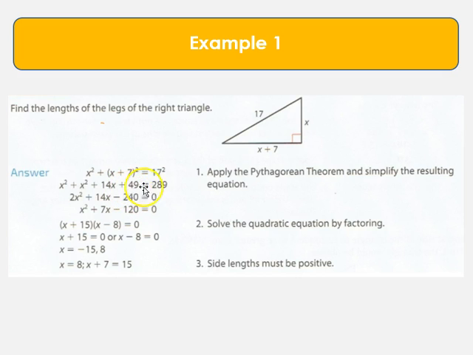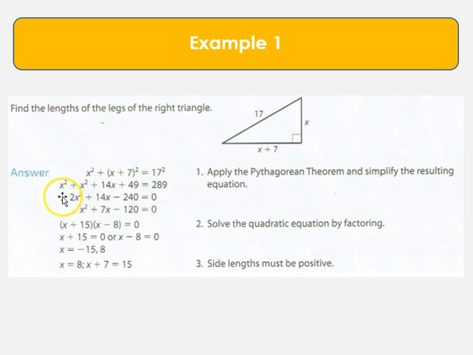Normally in the next step, what we would do is subtract 49 from the 289, and we would end up with 2x squared plus 14x equals 240. However, you need to be aware of the pattern of this equation.